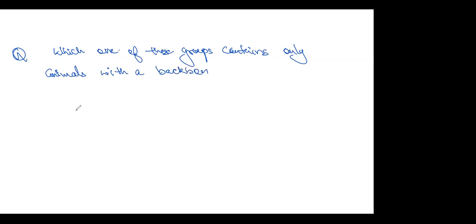So I'll write the group of animals in each of the options. So you have to find the animals with a backbone. So with a backbone, we call them vertebrates, right?